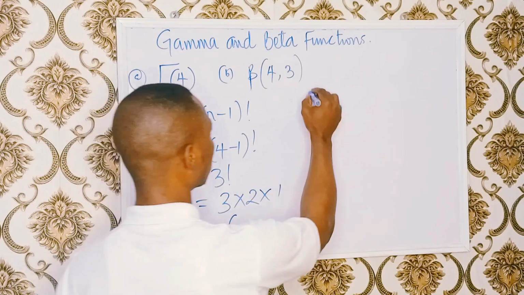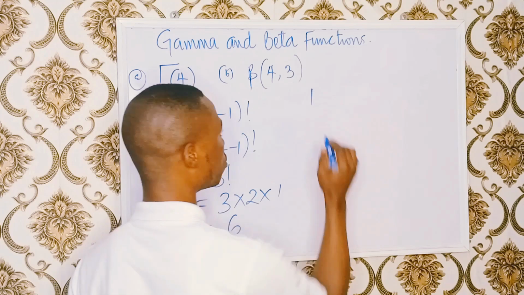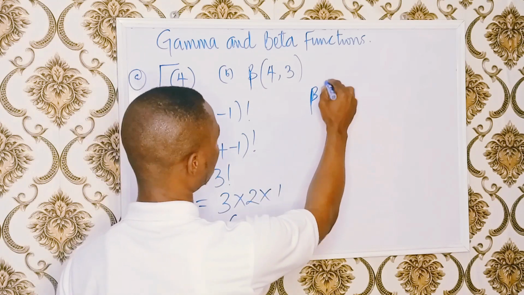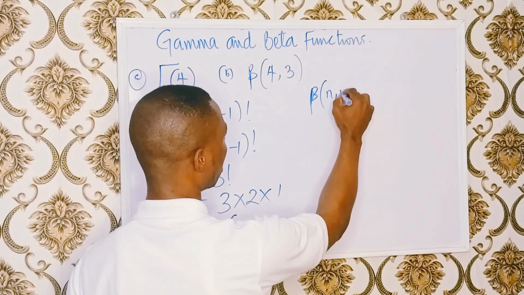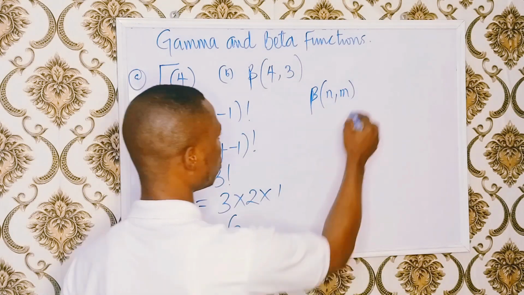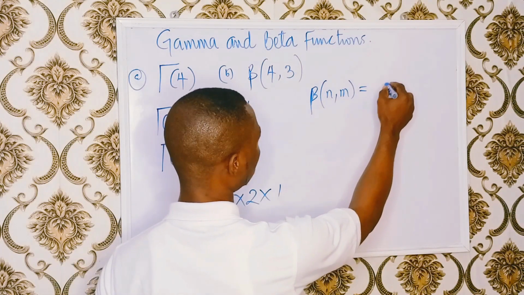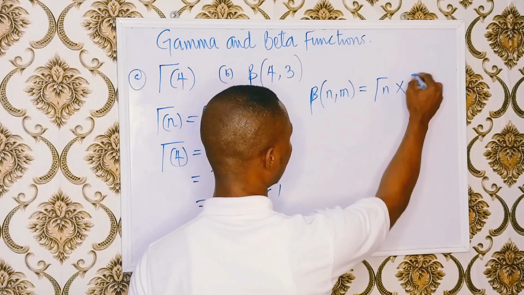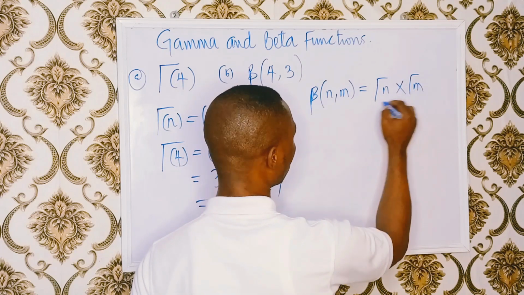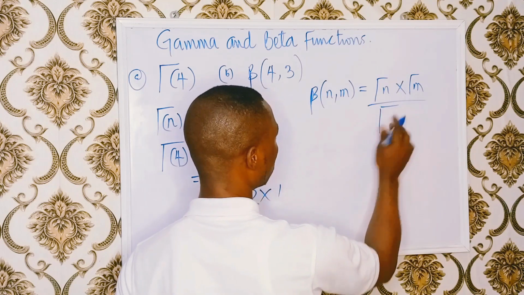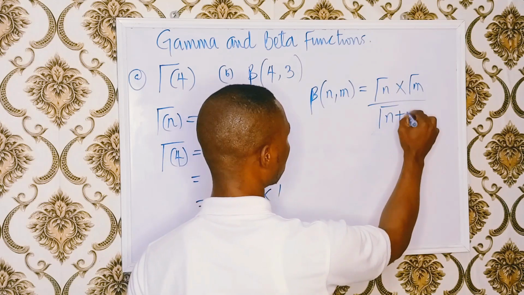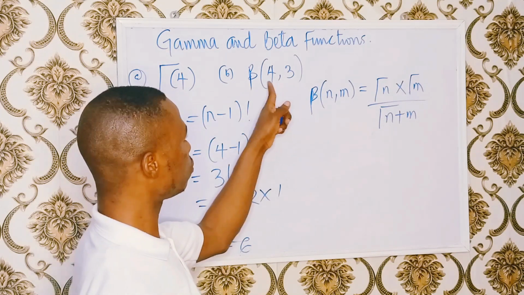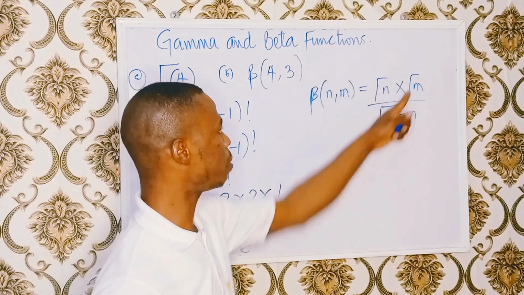Now for the beta, I told you earlier that they are somehow connected. One of the properties of beta states that beta n comma m, or m comma n, whichever way, states that gamma n times gamma m over gamma n plus m. So let's substitute 4 for n and 3 for m.